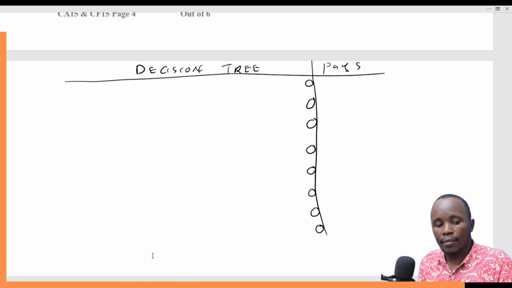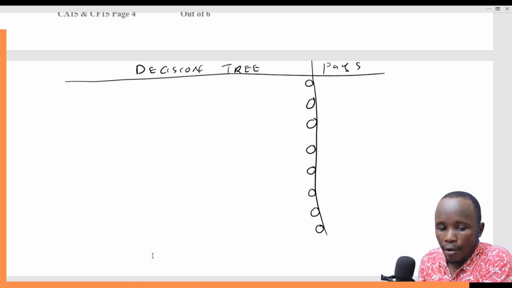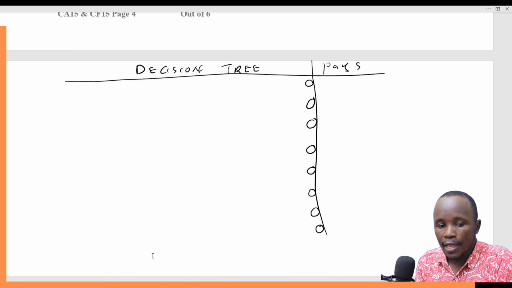Those are 8 tails. Now, the payoffs, we are going to record those later. Let's come to the first one. Let's draw this decision tree.